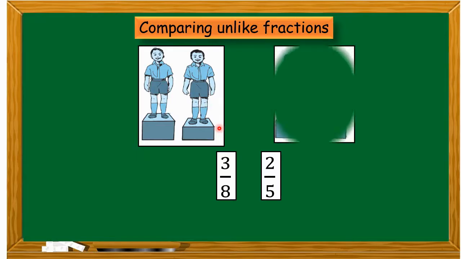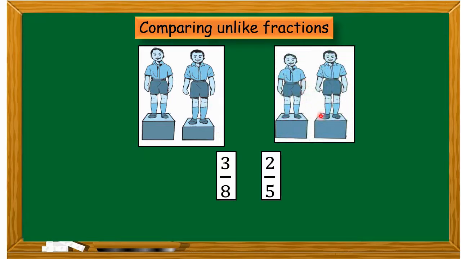Now, look at the second picture. Now they are on the blocks of equal height. We see that the boy on the right is taller. The height of the boys can be compared when they stand at the same height.